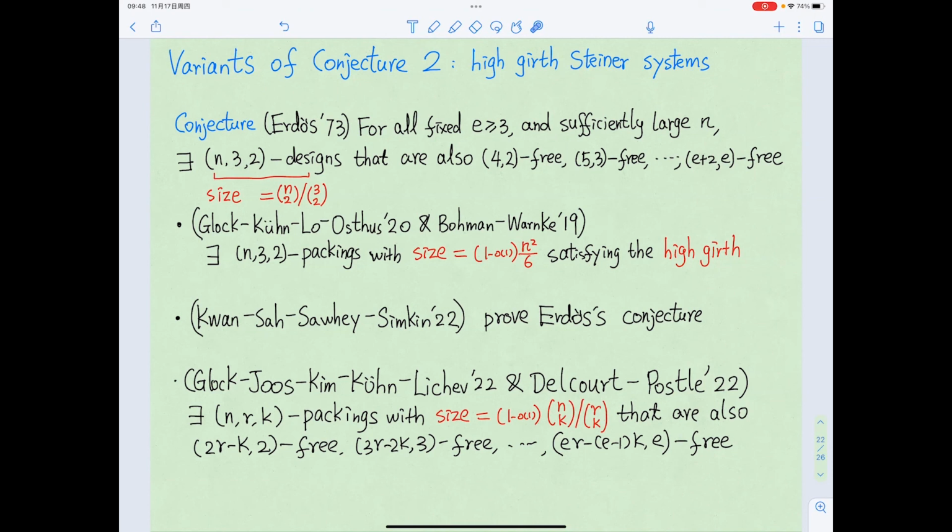They show the existence of (n, r, k) packings with size close to the optimal value that are also (2r minus k, 2)-free, or (3r minus 2k, 3)-free, and (er minus (e minus 1)k, e)-free. So this is the result, but proving the exact equality here may be difficult.